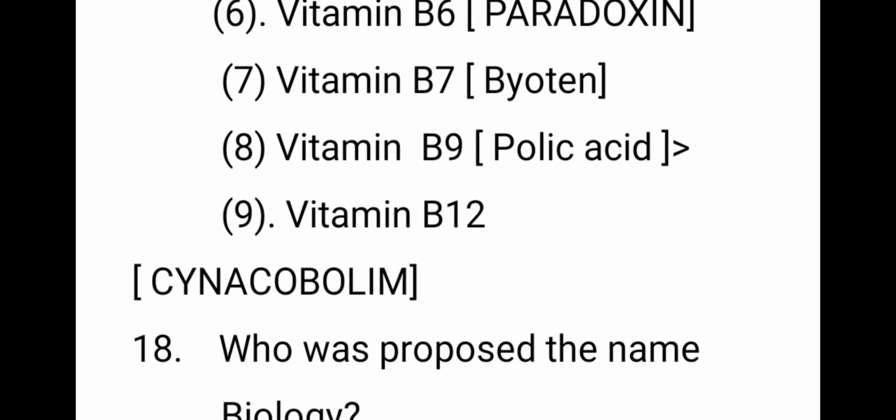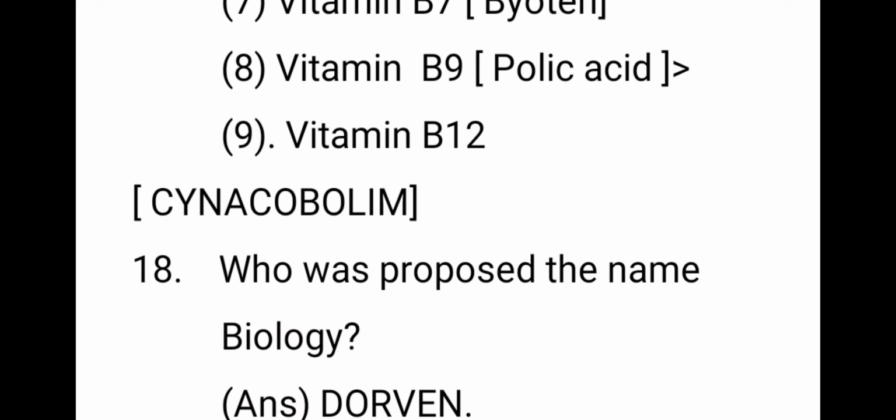This is the most important acid in human beings. If folic acid is low, it is very dangerous to us. Vitamin B12, cyanocobalamin, is also most important in the human body.